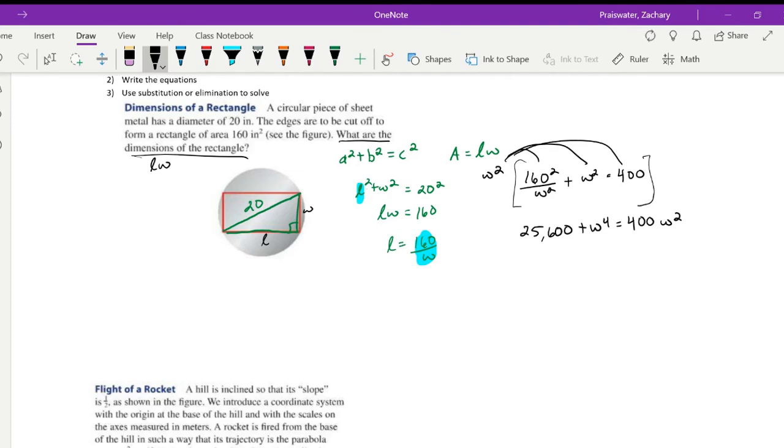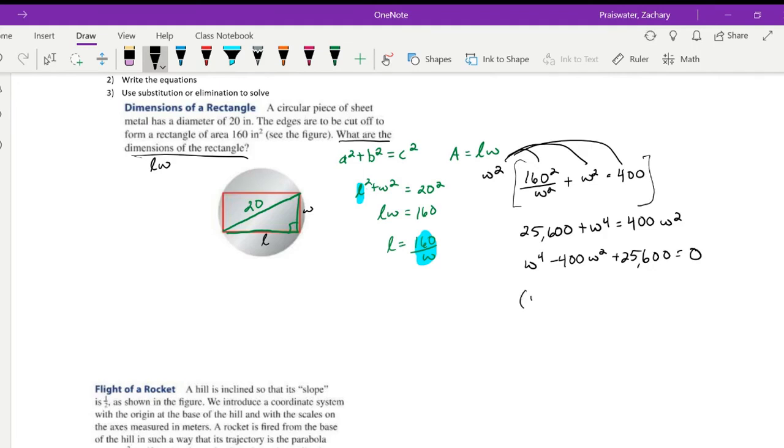Okay, and then this is a quadratic, so we can get the equation set equal to 0, and then let's see if this factors.